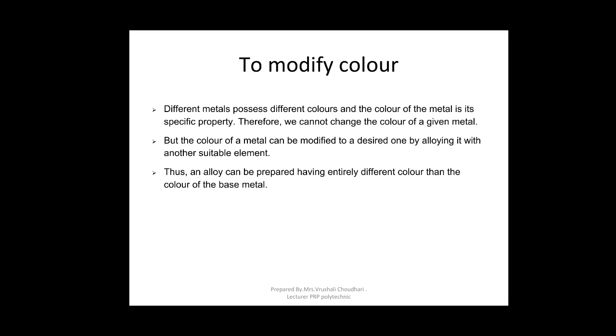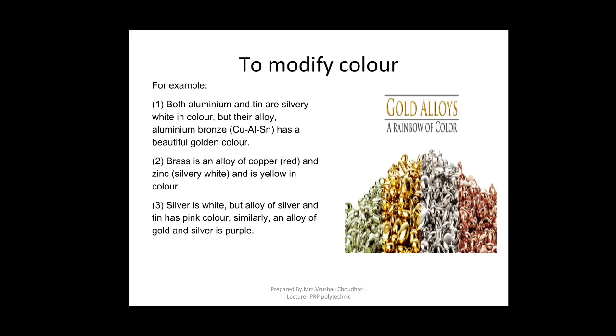Another application is to modify color. Different metals have different colors, and the color of a metal is a specific property which cannot be changed, but it can be modified by alloying with a suitable element. Like gold has a yellow color, silver has a silver or white color. But when we make an alloy, we get different shades.